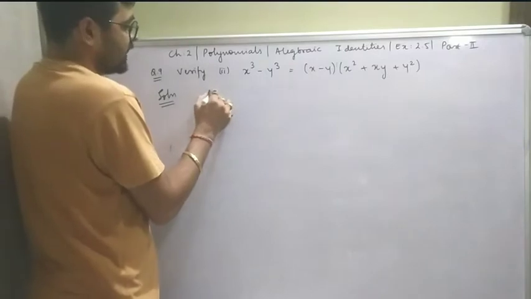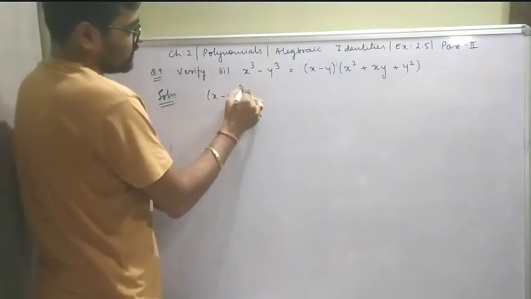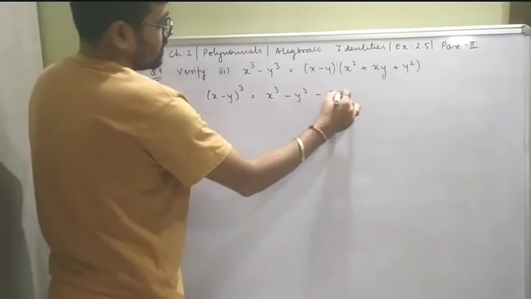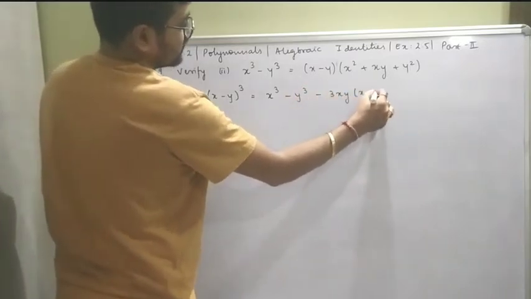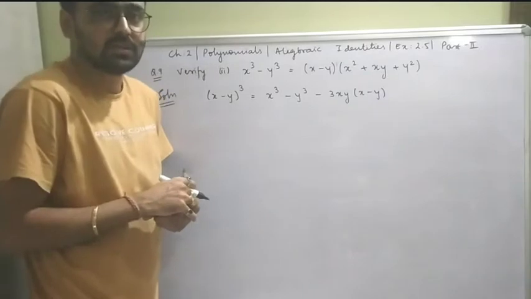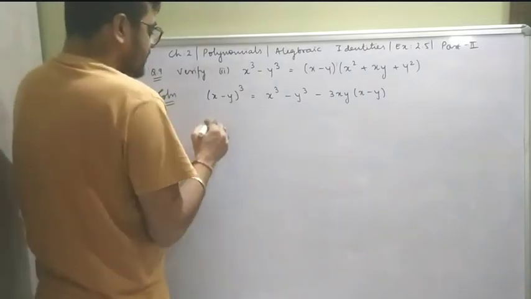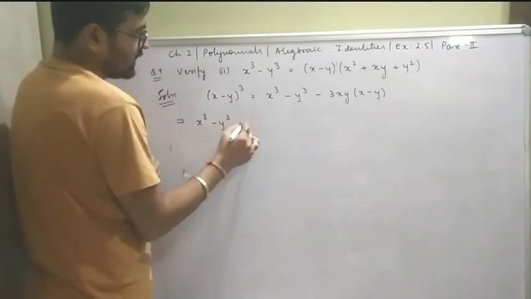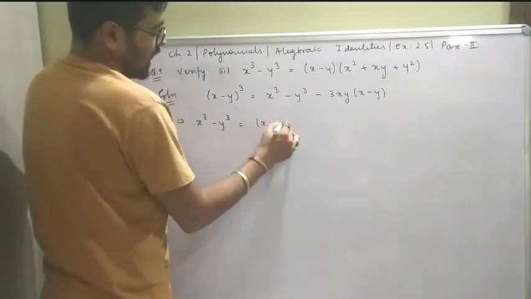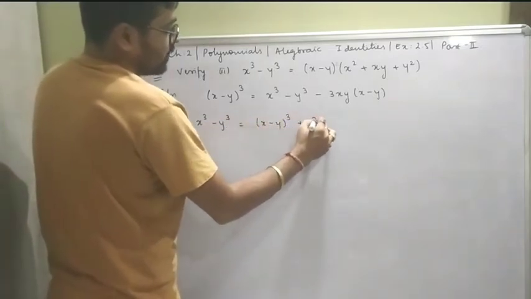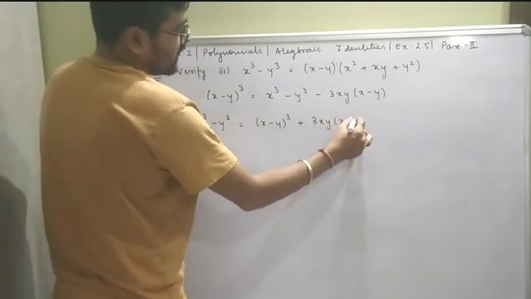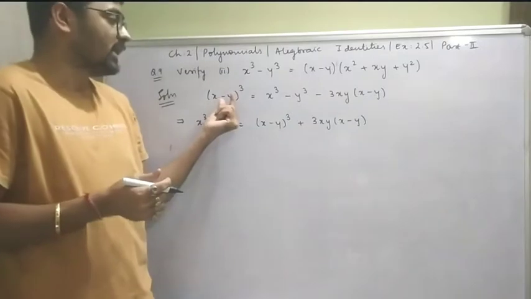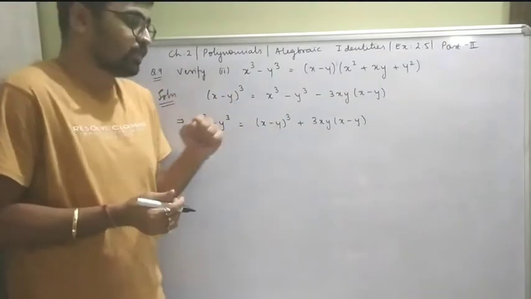Again the identity is x minus y whole cube equals x cube minus y cube minus 3 times xy into x minus y. As per this identity, I can easily say that x cube minus y cube is equal to x minus y whole cube plus 3xy into x minus y, because I brought this term to the right hand side, so negative becomes positive.